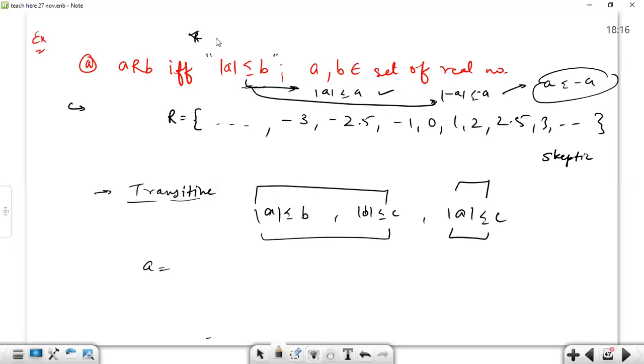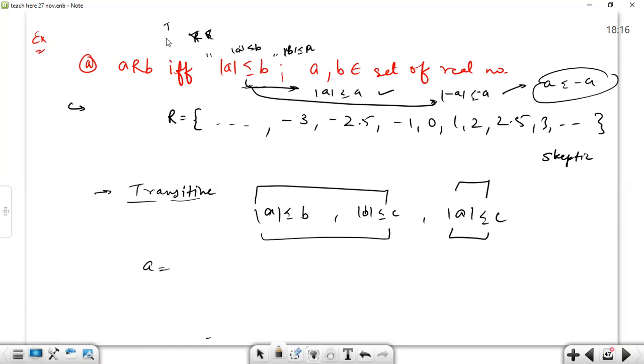So it is not reflexive. Symmetric: if it is a condition of inequality, then definitely B will not be less than A. It's common sense. So symmetric is also not satisfied.